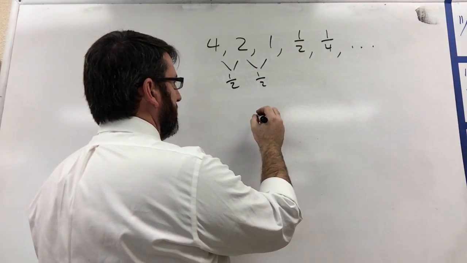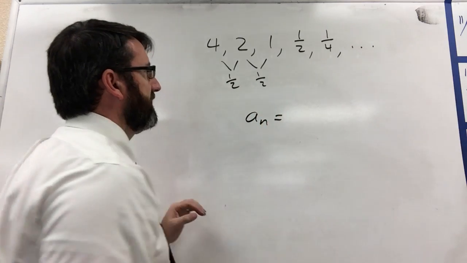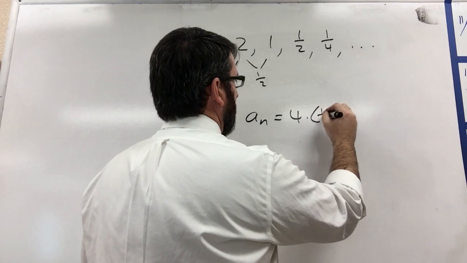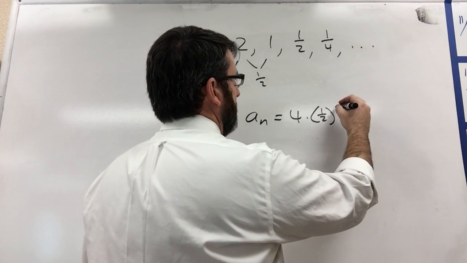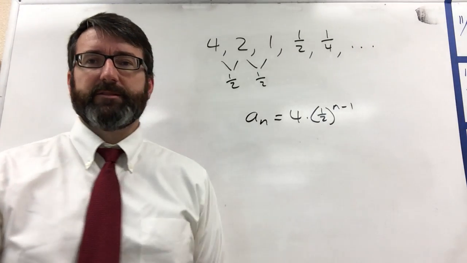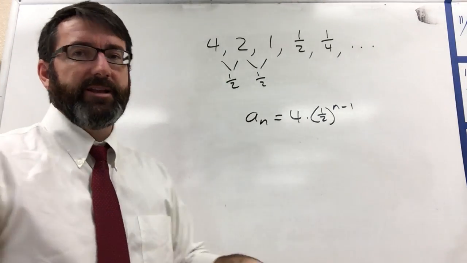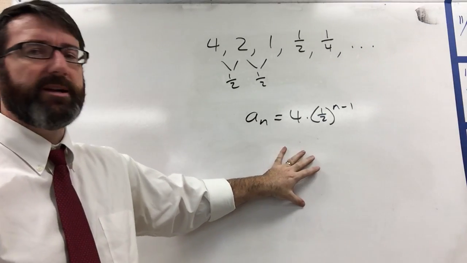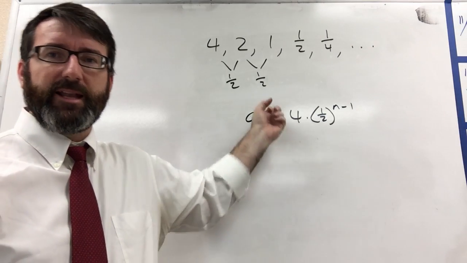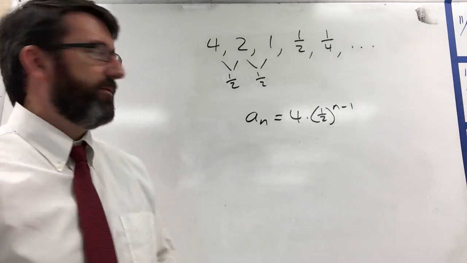And so our explicit formula for this sequence would be a sub n equals 4 times 1/2 to the n minus 1. Well, it turns out that there's a very nice formula for an infinite sum. Because if you plugged this into your calculator using sigma notation, it's not going to let you plug in an infinity sign and do that for you.